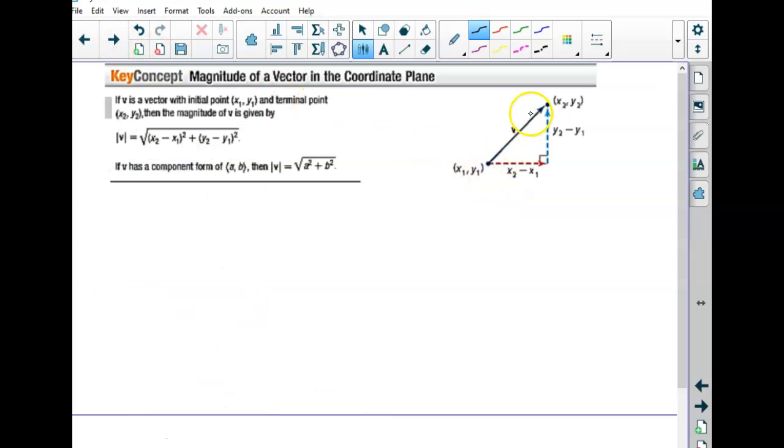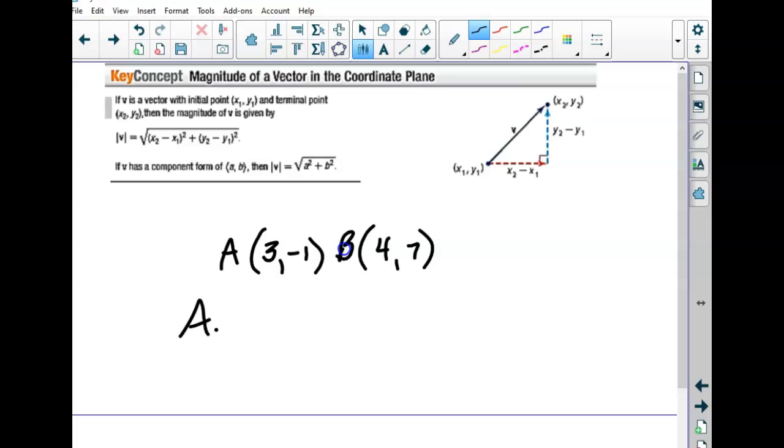Let me do an example real quick. If you had (3, -1) and (4, 7), and this was A and this was B, and you were doing vector AB, then you would do 7 minus, X's are still first, I'm thinking slope or something, 4 minus 3 and 7 minus -1, and you would have components of 1, 8.